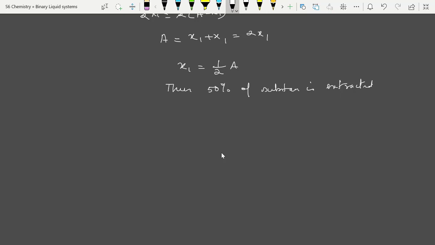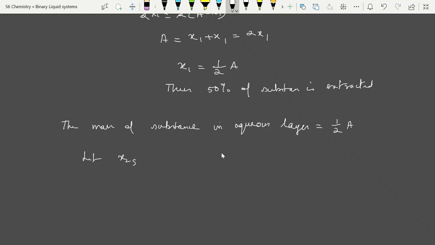Now this is put into the separating funnel, and the ether layer and water layer are separated. Then again the aqueous layer is taken, and to that the remaining 50 ml of ether is added and shaken. Now after the first extract, the mass of substance in aqueous layer will be half A, because half of A has already been extracted in the first step.